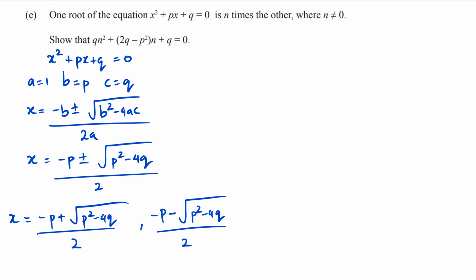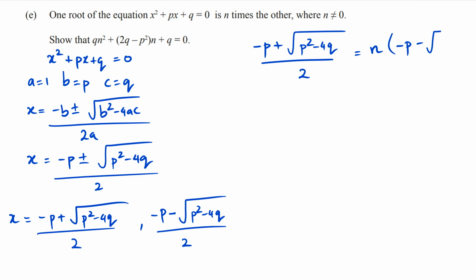Now if we go back to the question, it says one root is n times the other. So I'm going to take my first root, and I don't think it matters which way you go about it, but I'll use the plus one here. So minus p plus the square root of p squared minus 4q over 2 is equal to n times the other, so n multiplied by minus p minus the square root of p squared minus 4q over 2.